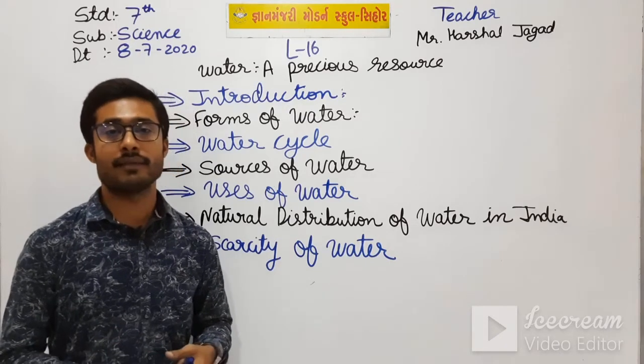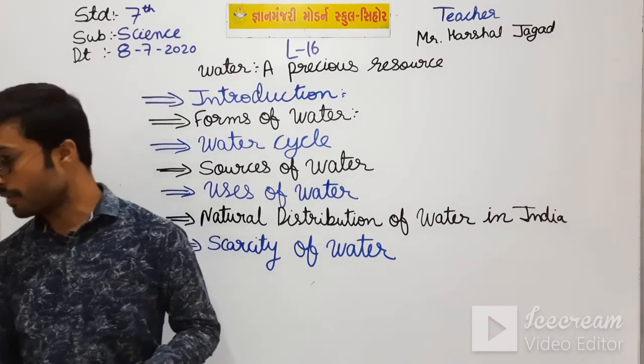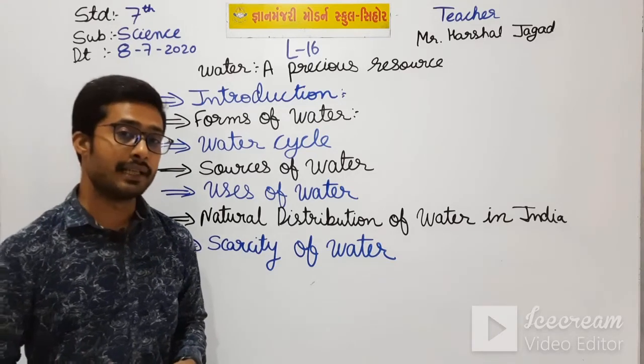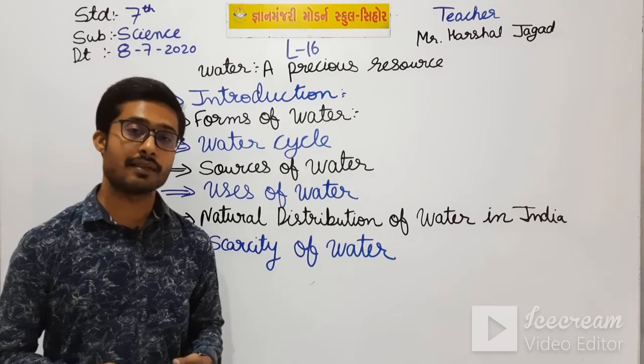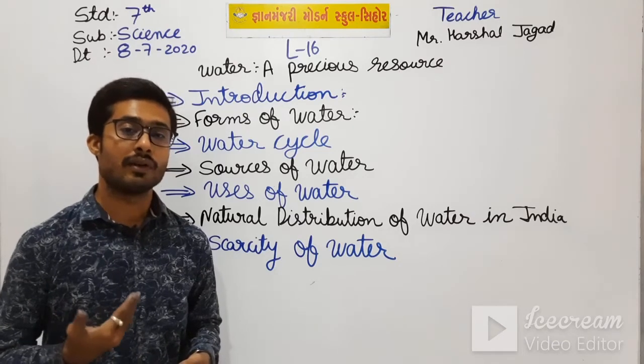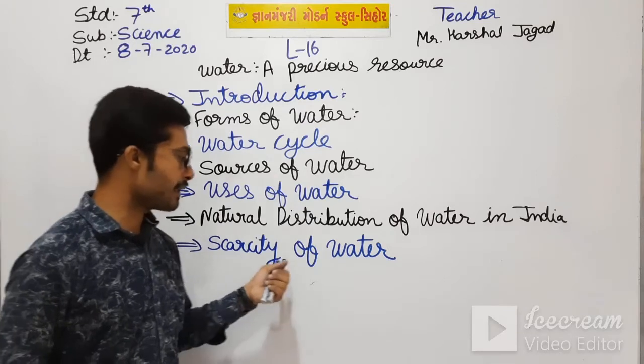These are some main points. Next was increasing industry: if industry increases, the use of water will also increase, so there is scarcity of water.